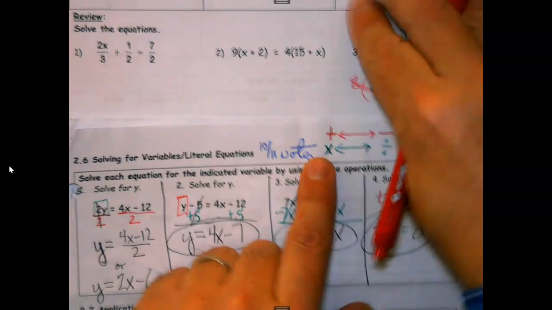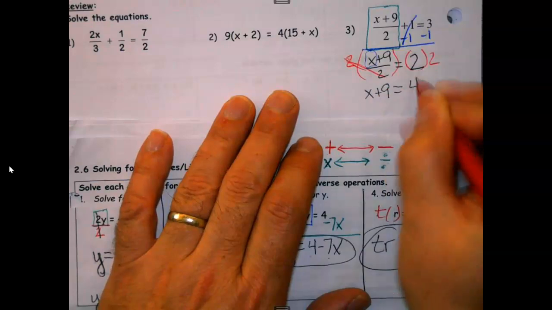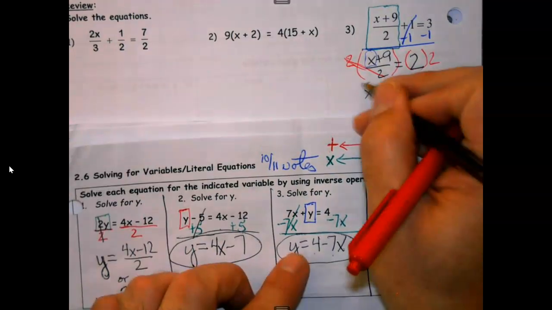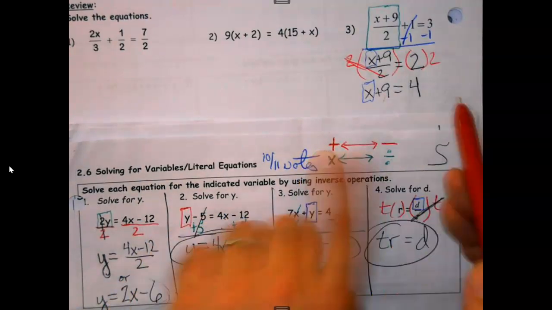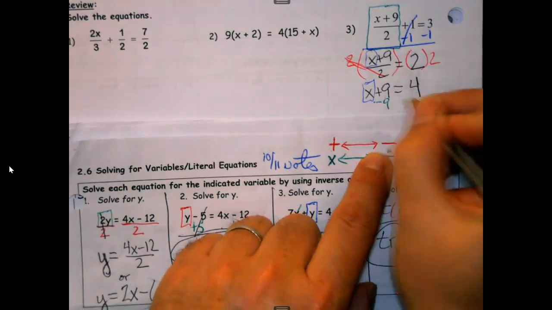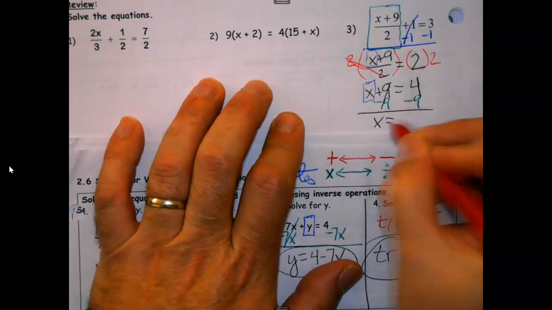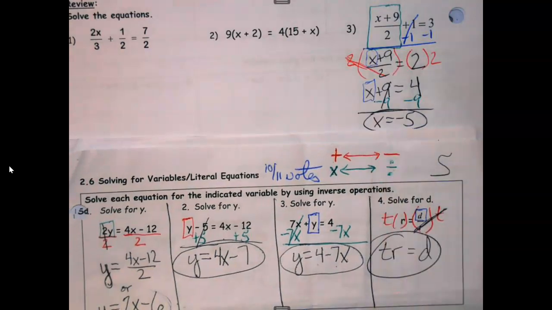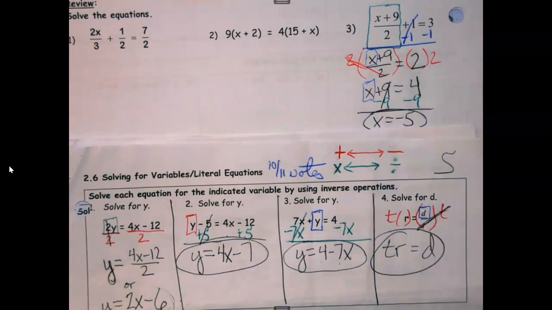You kind of see how no matter what it is we're doing, it just keeps coming back to one step at a time, doing opposites, till we get to the end. Now, some of you may be wondering, isn't this the one where we kind of did the cross multiply proportion? You can, but you always want to get that fraction alone first before you would try that.